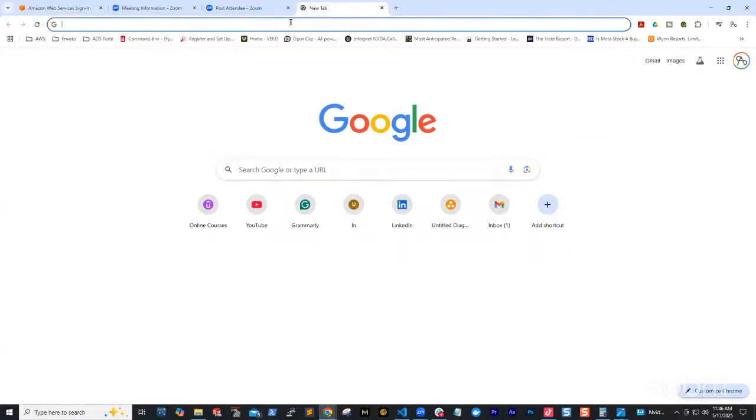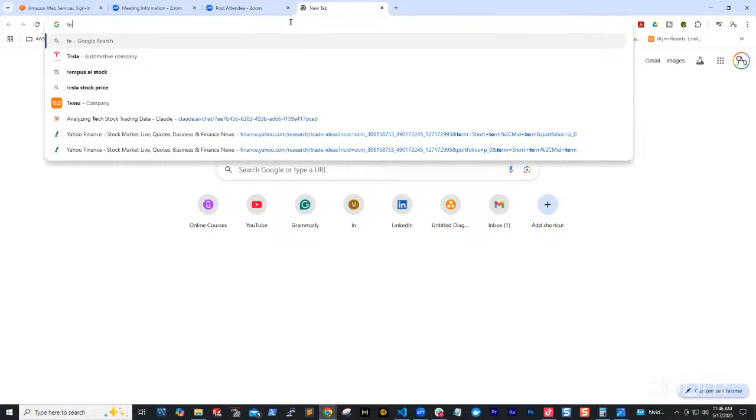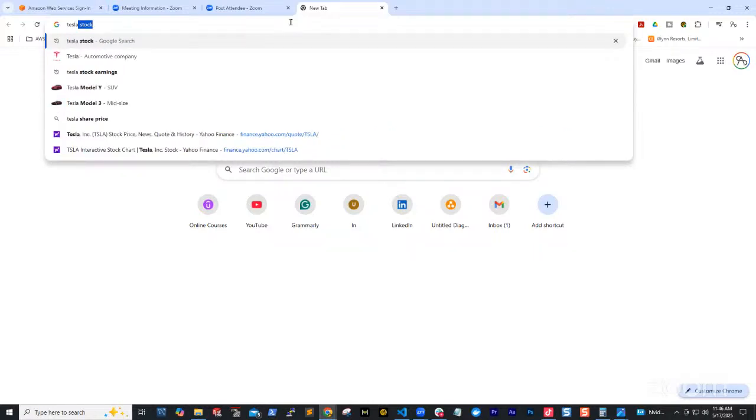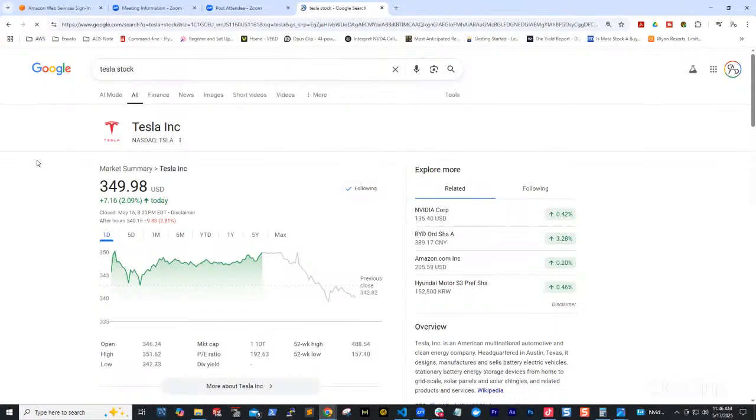And this would lead to why people do options. Let me just use Tesla as an example. If you want to buy Tesla stock right now, one share, just one, will cost you $349, $350.